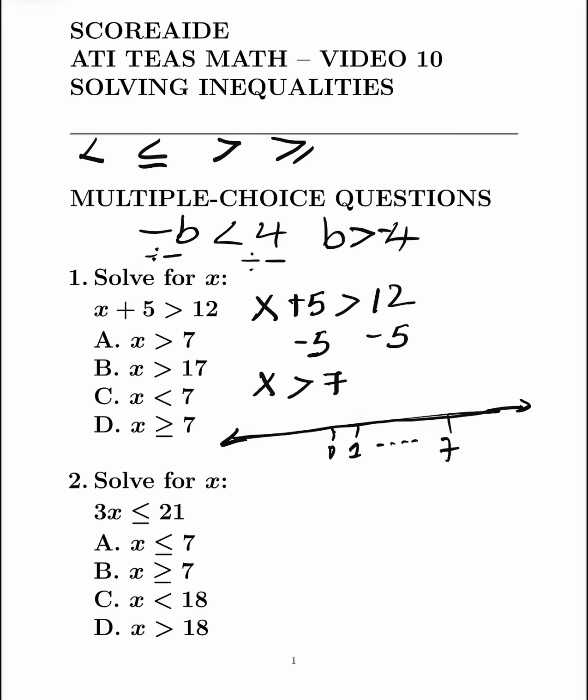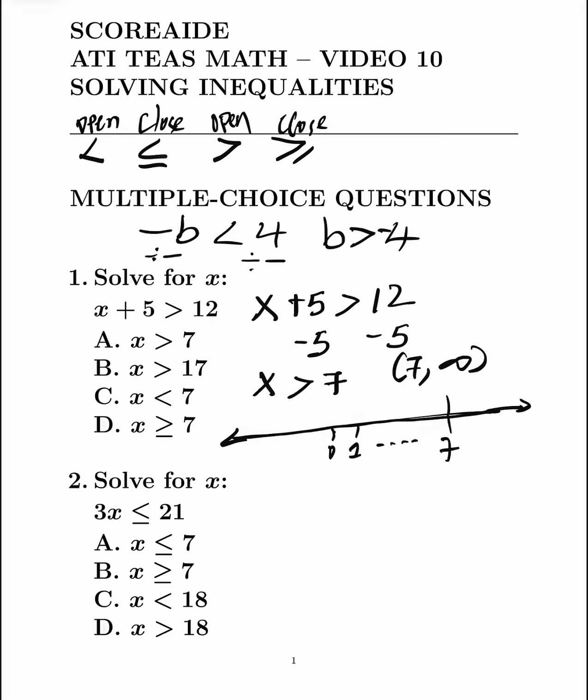Now, let me show you something. Strictly less than is open. Less than or equal to is closed because the data at that point is included. Greater than is open. Greater than or equal to is closed because the data at that point is included. x greater than 7 is the set from 7, open, to infinity.